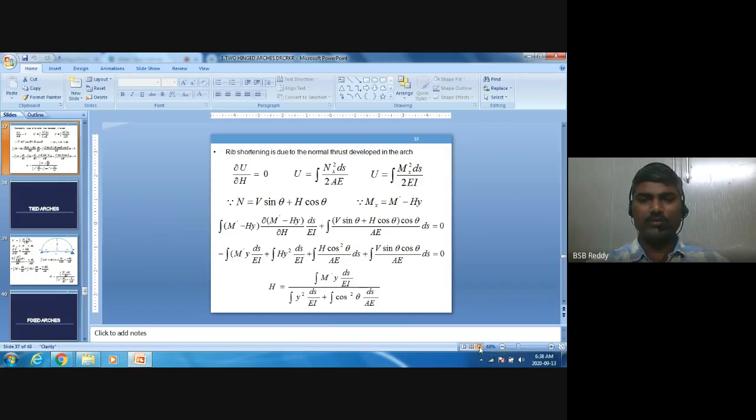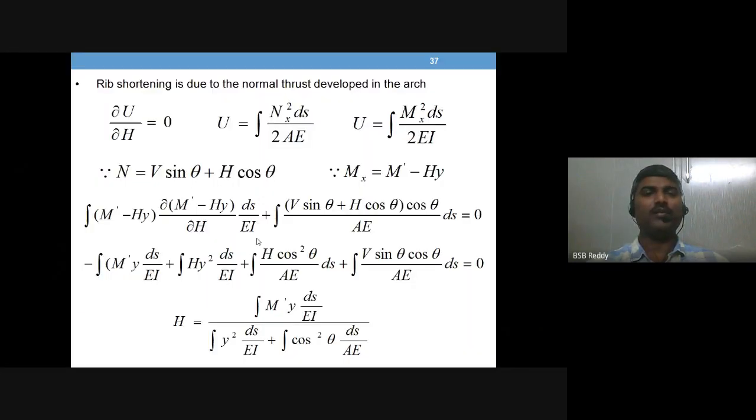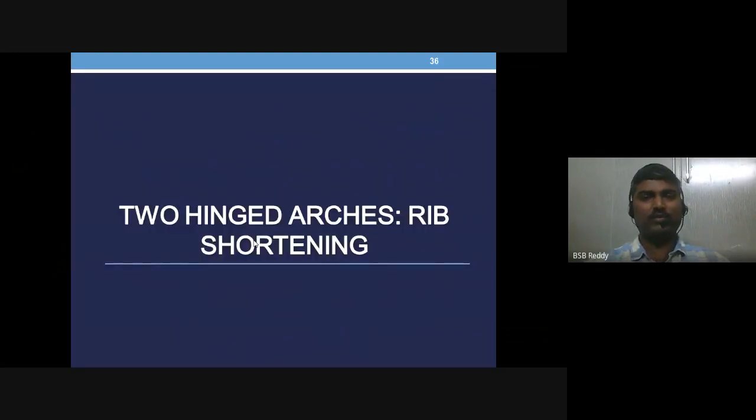So, in the last class, if you recall, we dealt with the rib shortening effect in two hinge arches.